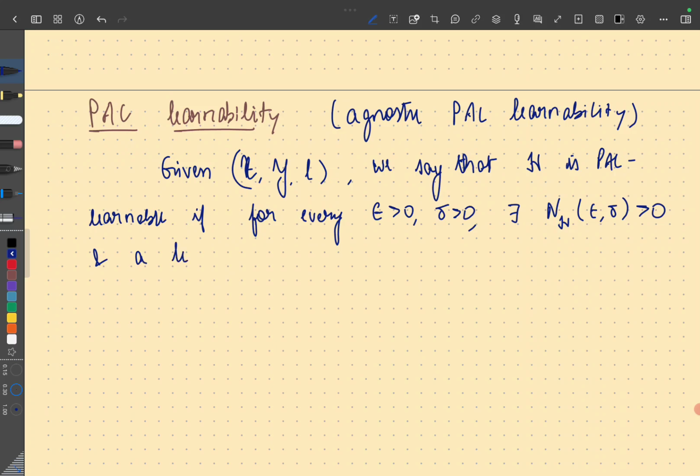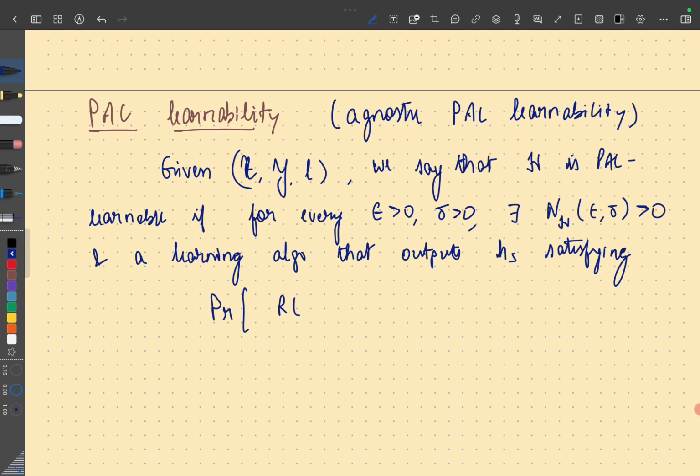And a learning algorithm that outputs hS satisfying the probability that R of hS is greater than or equal to R of h star plus epsilon is less than or equal to delta.